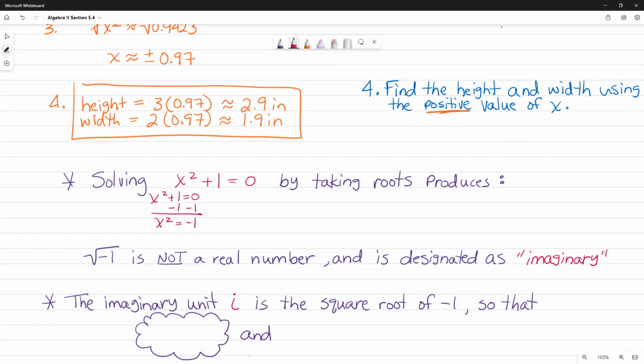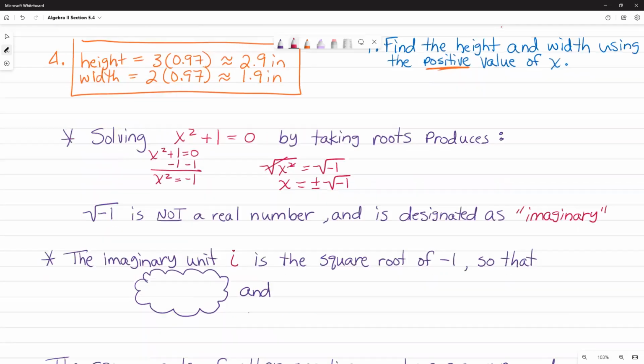So when you go to solve it, you take the square root of x squared and the square root of negative 1. Then these cancel out, and you end up with x equals plus or minus the square root of negative 1.